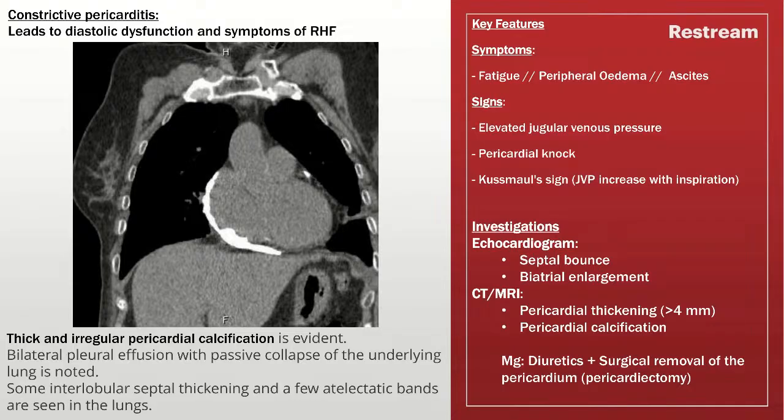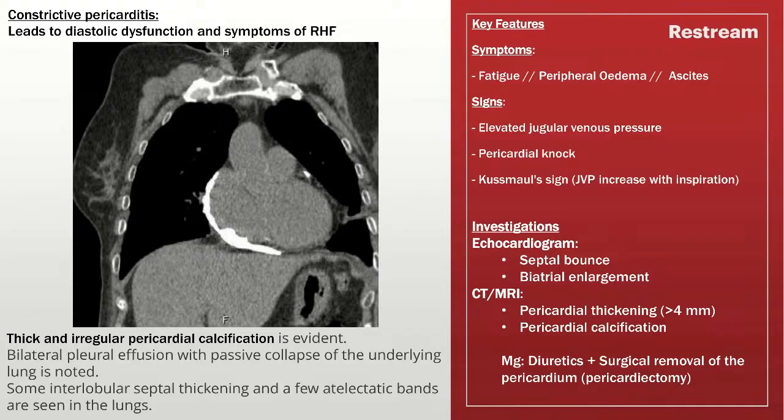Okay, hence the heart can't contract properly, and therefore cannot push out enough blood from the right hand side of the heart. This leads to signs of right heart failure. Okay, meaning there will be pleural effusion around the lungs. There would be fatigue.